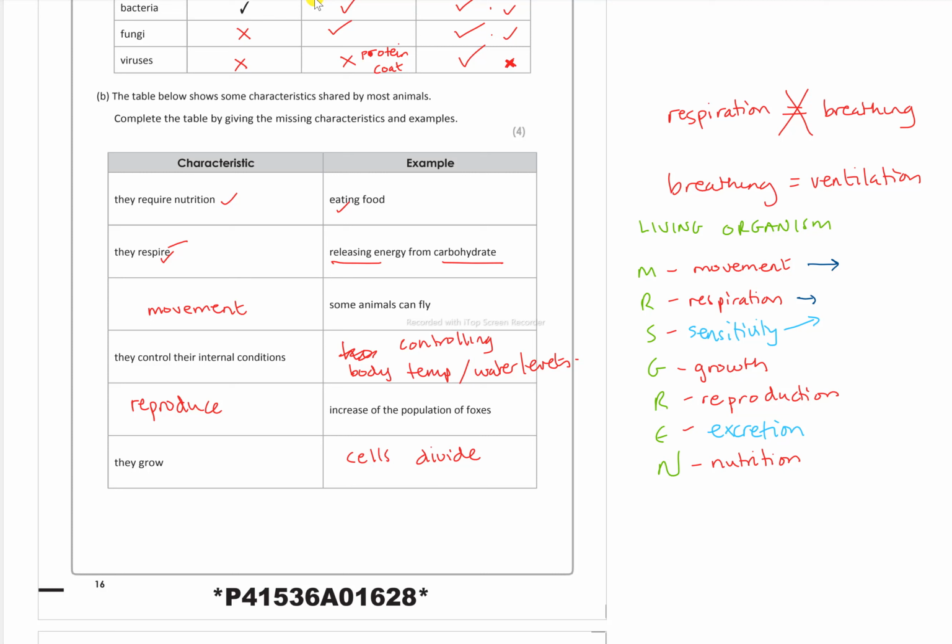Sensitivity, we said, is the response to the surroundings. Growth, where you increase in mass or repair. Reproduction, asexually or sexually produce the next generation of plant or animal. Excretion is the removal of waste that comes out of the cells, and nutrition is eating. Now, plants make their own food. Other organisms live off them.